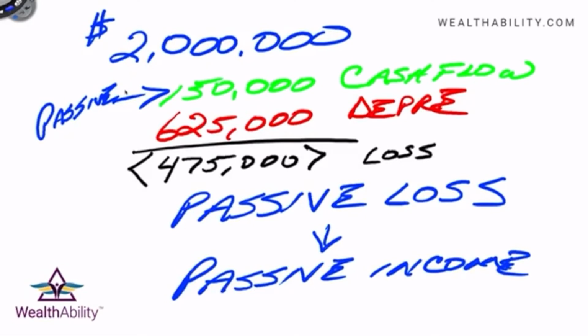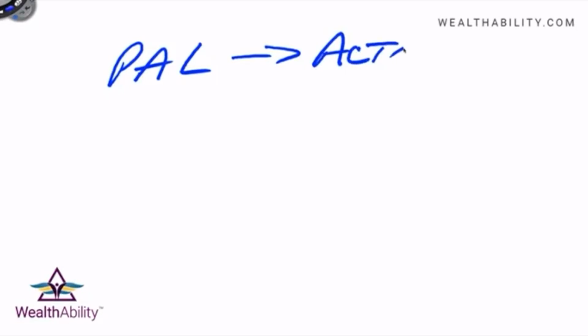So what do I do? I take that passive loss, and I go, okay, what are my choices here? My options would be, I can take my passive activity loss and turn it into active income. I'm sorry, it wouldn't be active income, it would be an active loss.